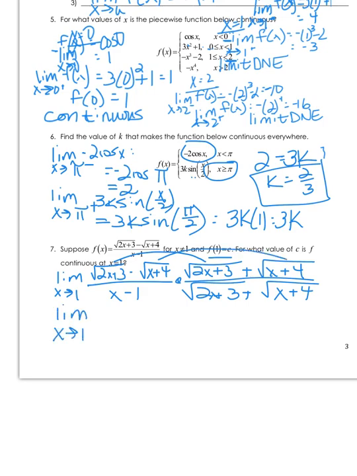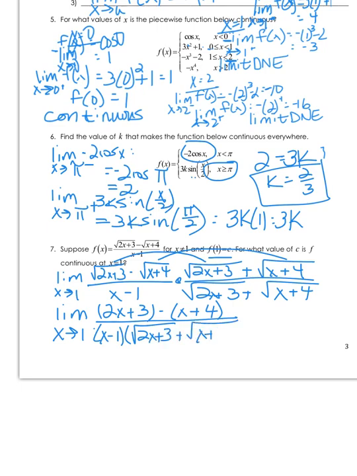So limit as x approaches 1, 2x plus 3 minus x plus 4. In the denominator, I'm not going to multiply. I'm just going to leave it the way it is. And hopefully I'll be able to cancel something. Usually I can. Okay, now in the numerator, I have 2x plus 3 minus x plus 4. I need to distribute this negative.